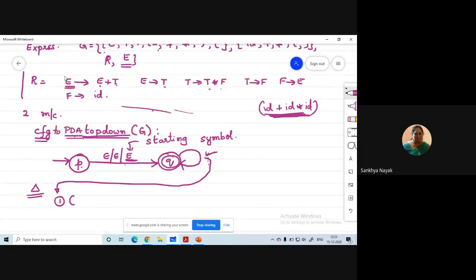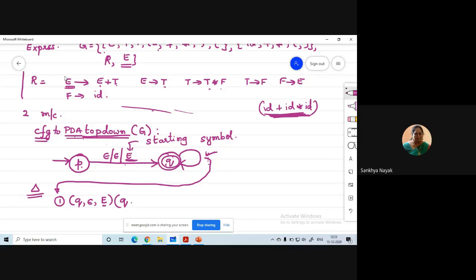You can see everything will happen from state Q itself. So let us say you are in Q, and in the stack you have E. You only pushed E into the stack, isn't it? So the first step is, if you have E in the stack, what to do?